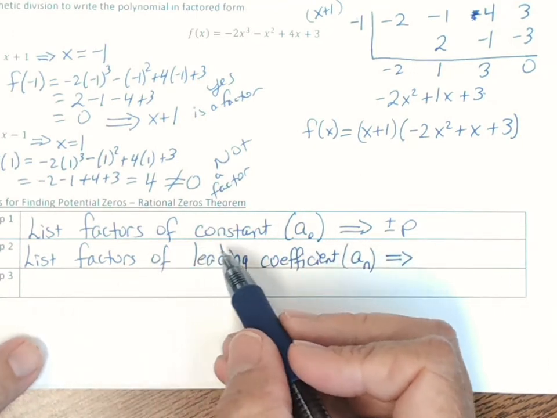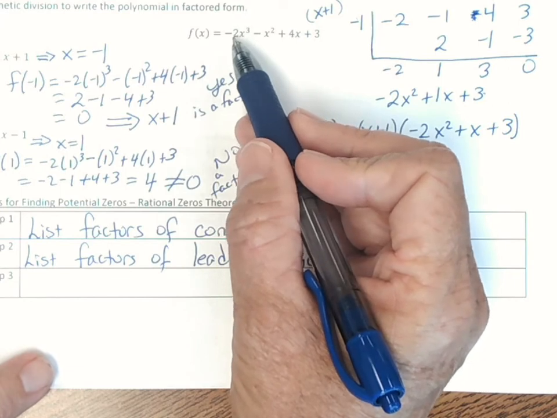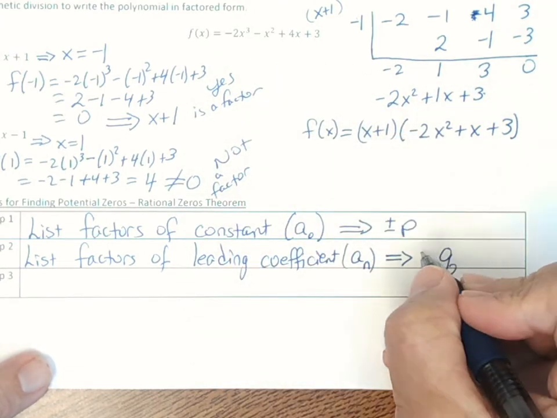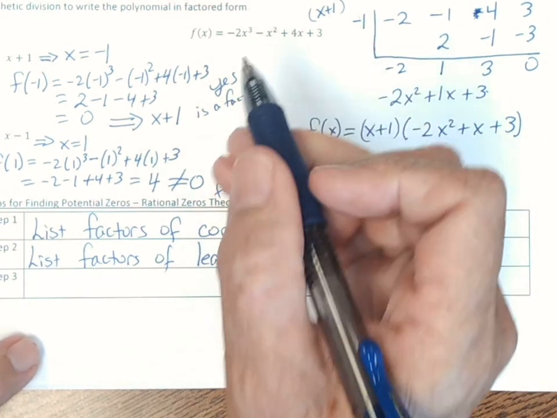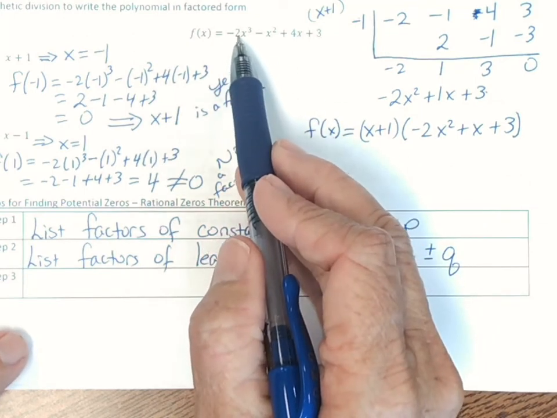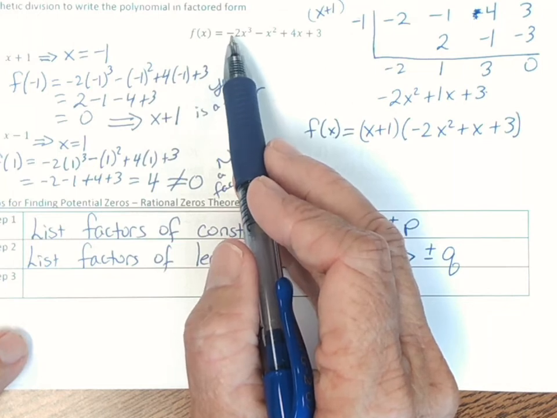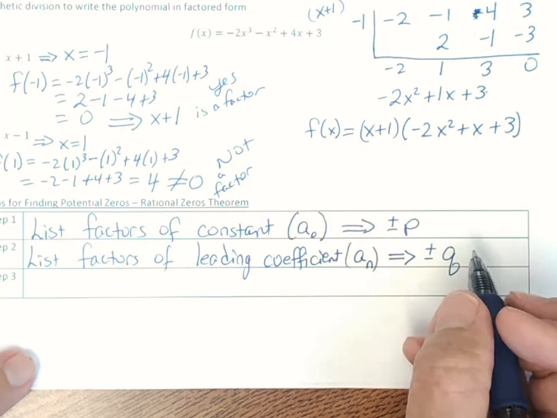So we list out all the factors of the leading coefficient. My leading coefficient in this case was negative 2, and the letter we use to describe those is q. Again, there are positives and negatives that could multiply together to give me any value, so I need to list all of them. My factors of negative 2 are 1 times negative 2 or negative 1 times positive 2. There are not a lot of values, but you'd still list them out.